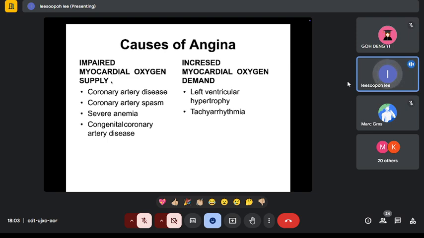You can also have other causes that lead to angina that are not related to coronary artery disease, for example coronary artery spasm. This group is not common, but it does happen in youngsters, especially those who are drug users, IVDU, morphine or heroin chasers, which can lead to spasm.